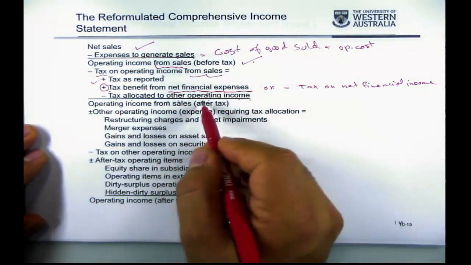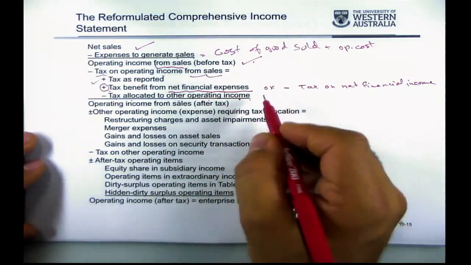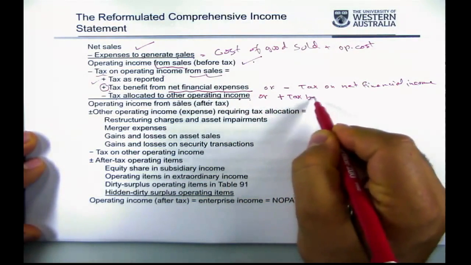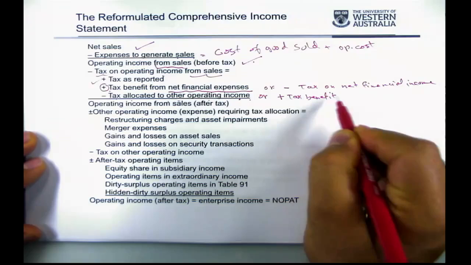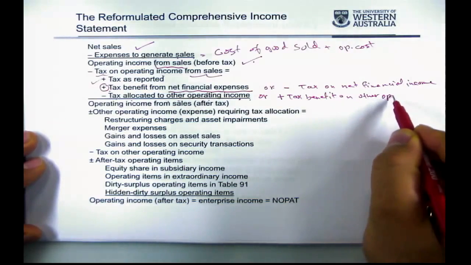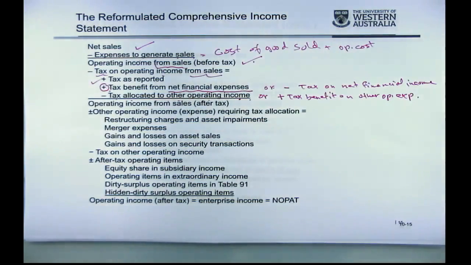What if we have other operating expense? In this case, we add the tax benefit on other operating expense. It depends on whether we have an income or an expense.